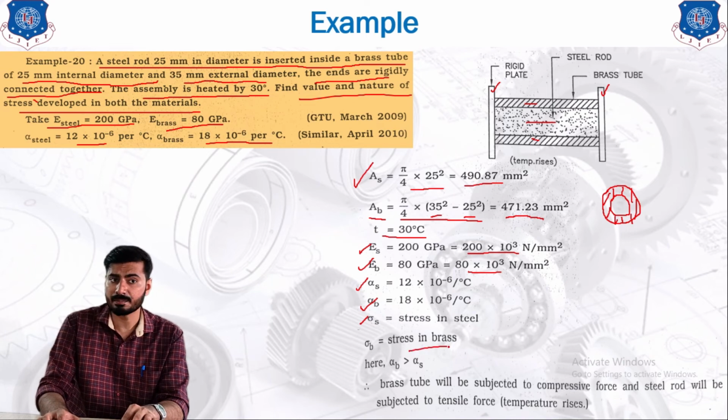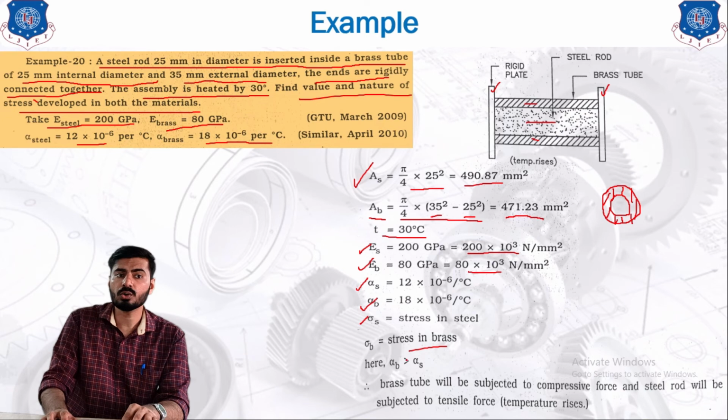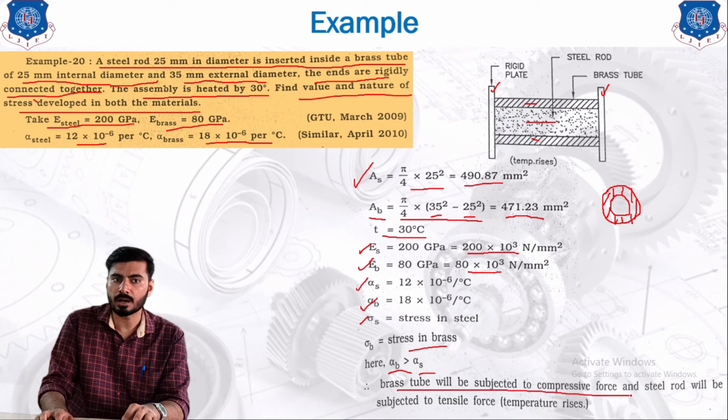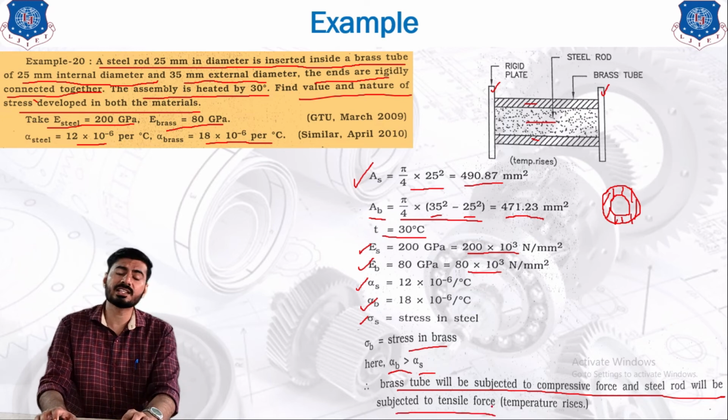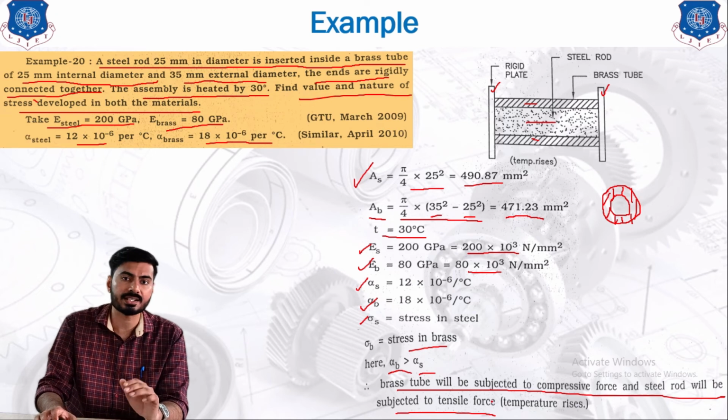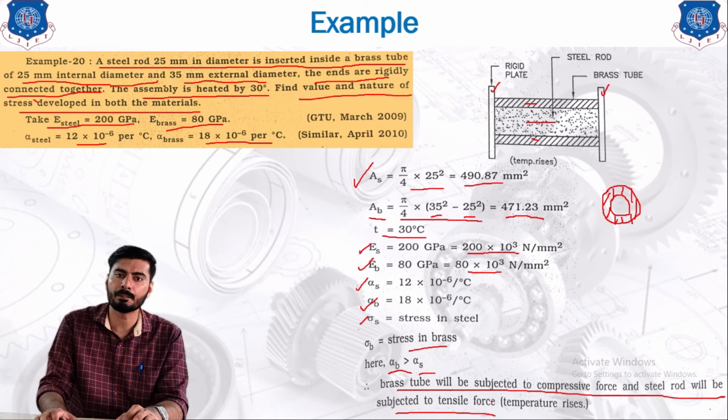Sigma B is the stress in the brass material, and we know that the alpha of brass is greater than alpha of steel. That is why the brass tube will be subjected to compressive force and the steel rod will be subjected to tensile force. So this gives us the nature of the stress that is being developed in both the materials.